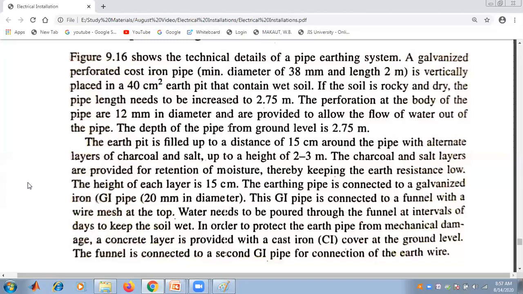This is the general construction of pipe earthing.